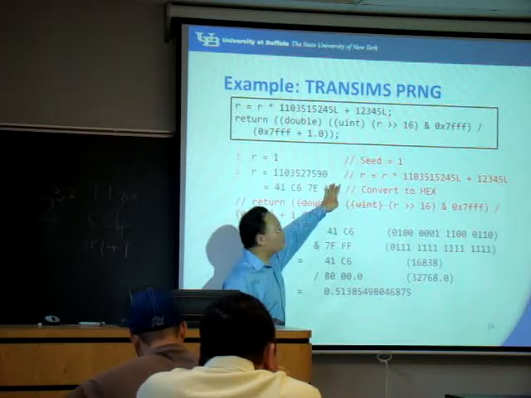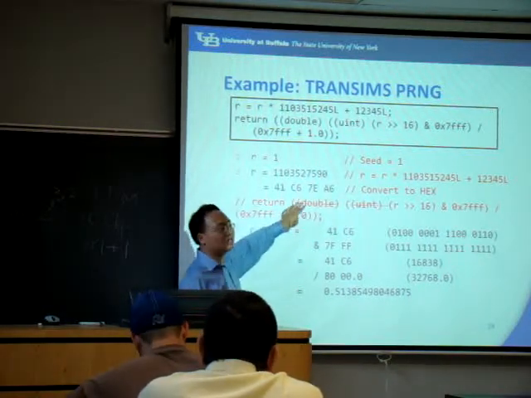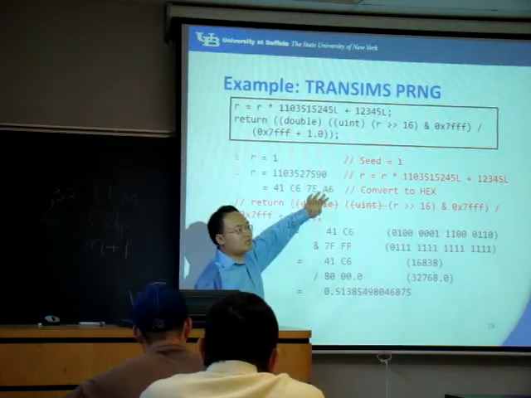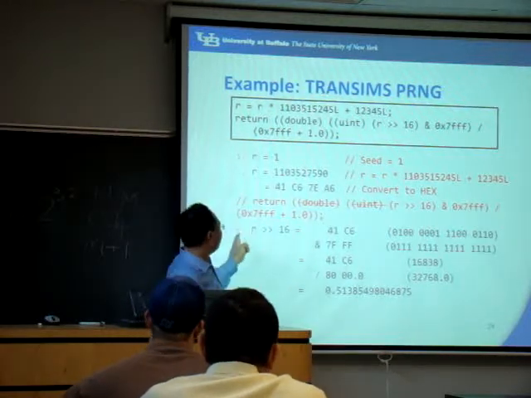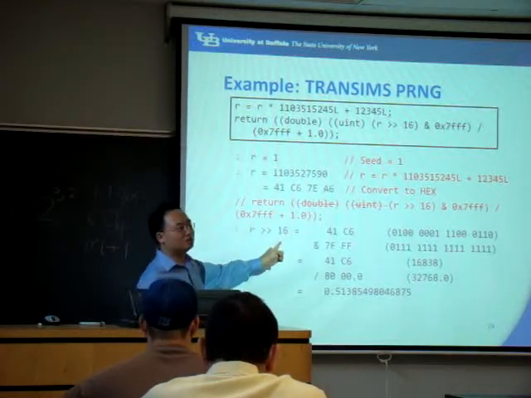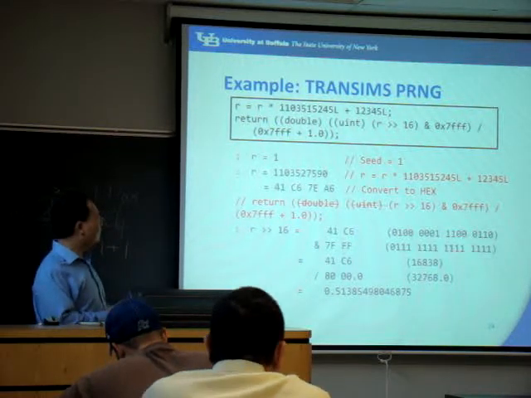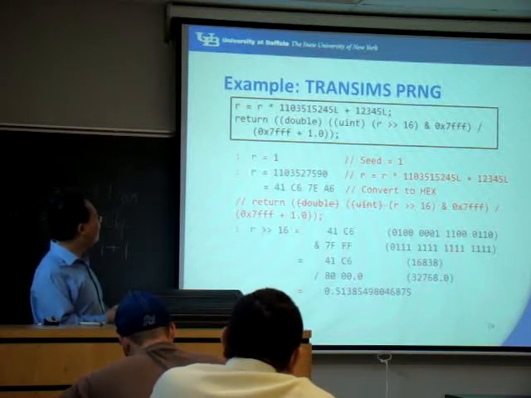So they discard these bits. So this is a variation of LCG, not a standard LCG. You understand this? This part has a shorter period, so they remove this part by right shifting 16 bits. Are you clear about that?